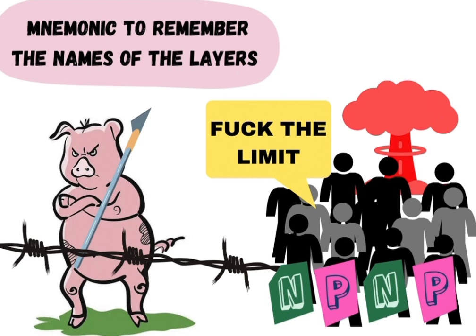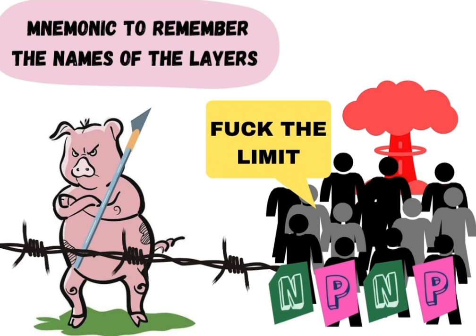Right. Now on the other side of the membrane, which I am referring to in this as this cord, right? On the other side of this limiting cord of the pig is this group, and it says, fuck the limit. Okay, we don't care about this limit, we don't care about this barrier, we are gonna fight the pig. And they all start to fight.